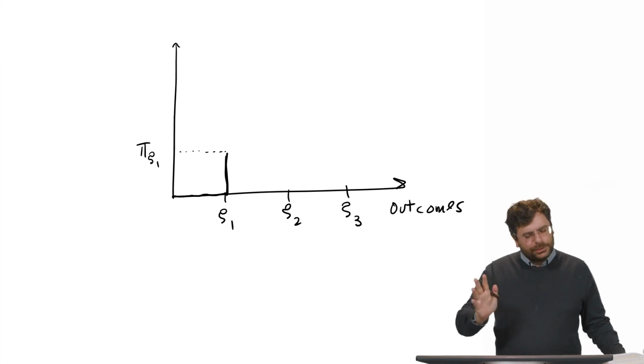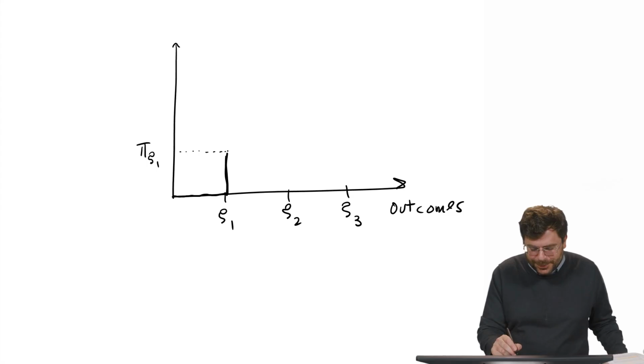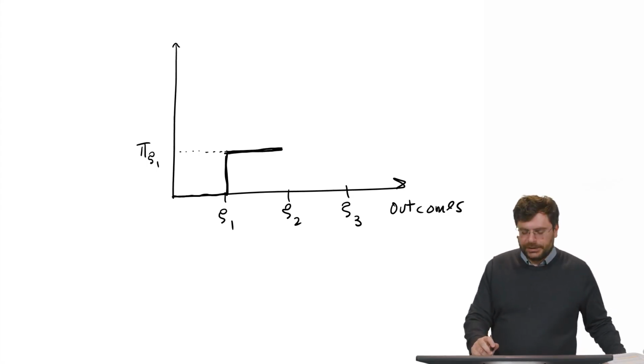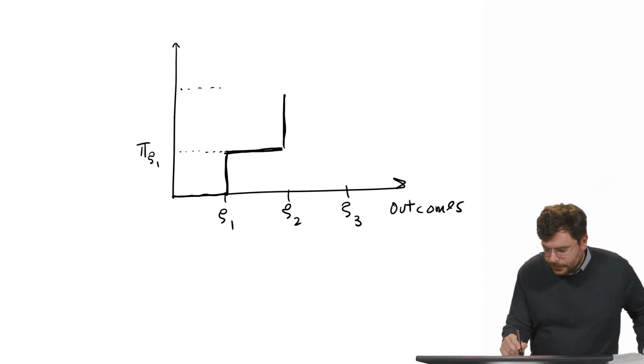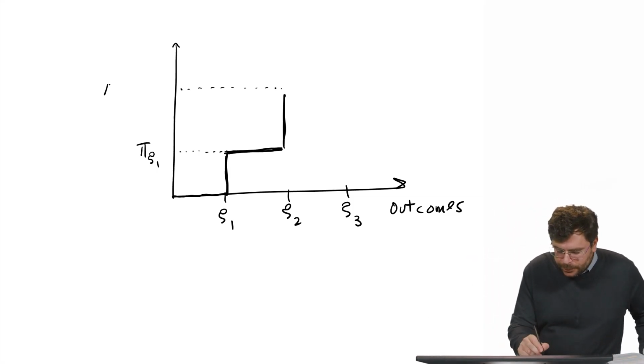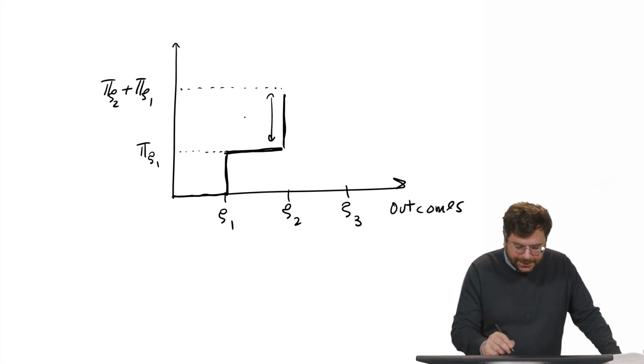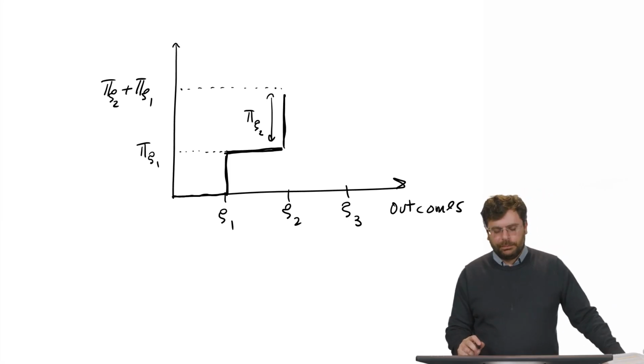And I'm going to draw my stick in a broken up, slightly different fashion. Suppose this here now is pi rho 2 plus pi rho 1. So I have just added to pi rho 1 the value for pi rho 2.